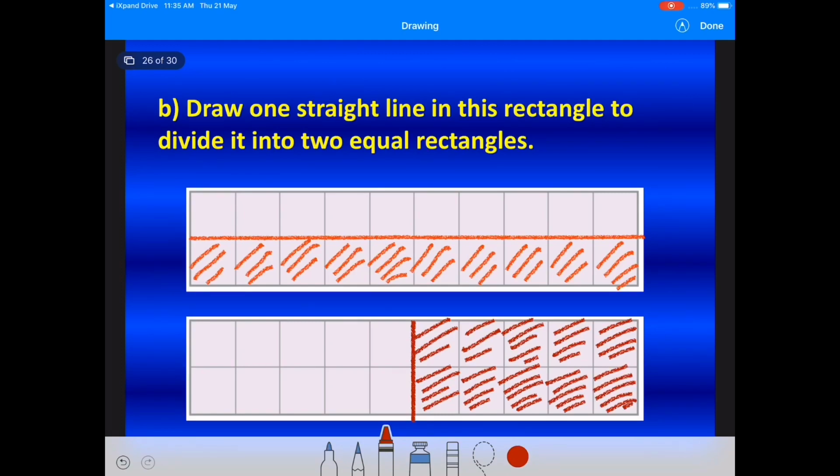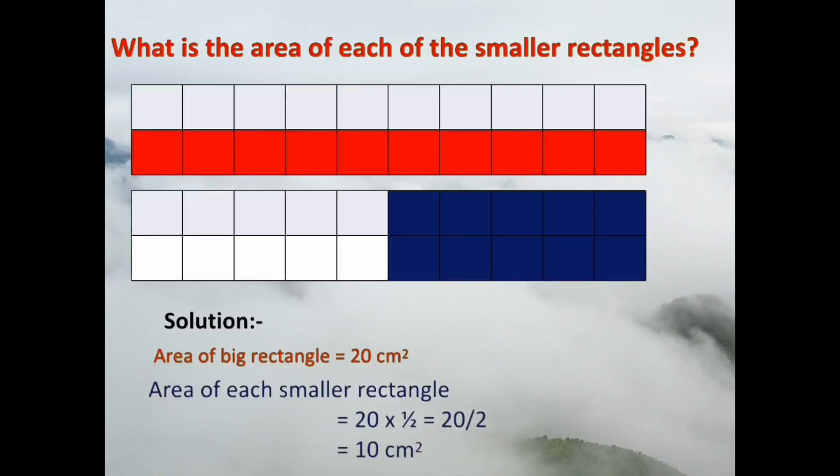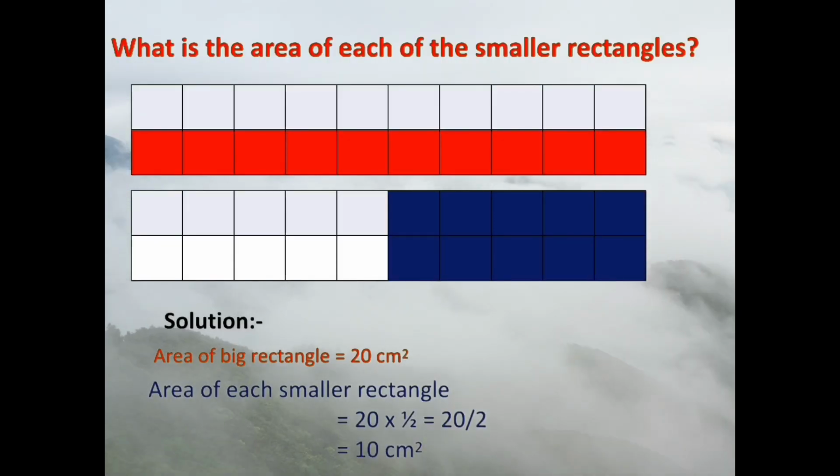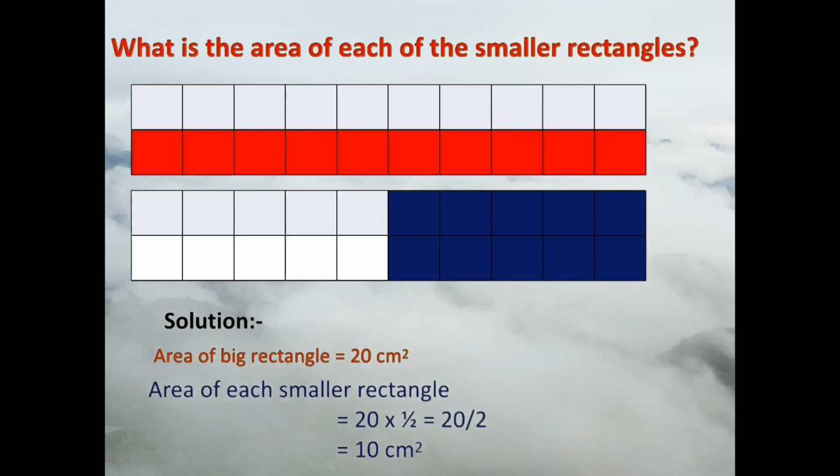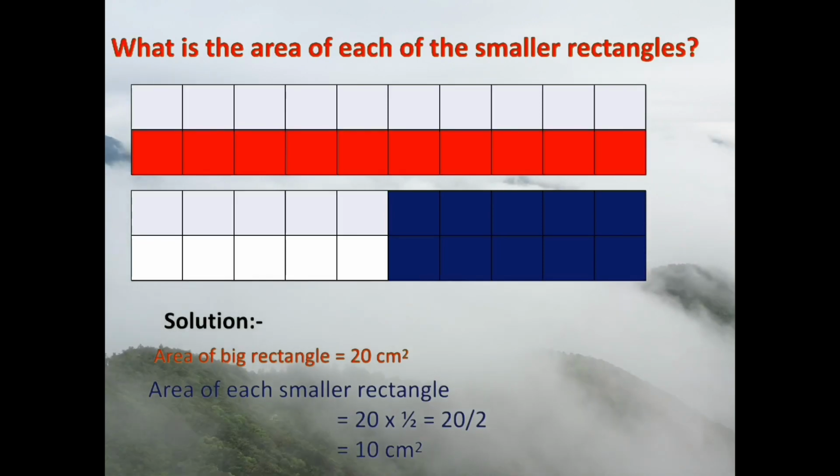Now they are 2 equal rectangles. What is the area of each of the smaller rectangle? Area of big rectangle is equal to 20 square centimeter. So area of each smaller rectangle is equal to 20 into half, that is 10 square centimeter.